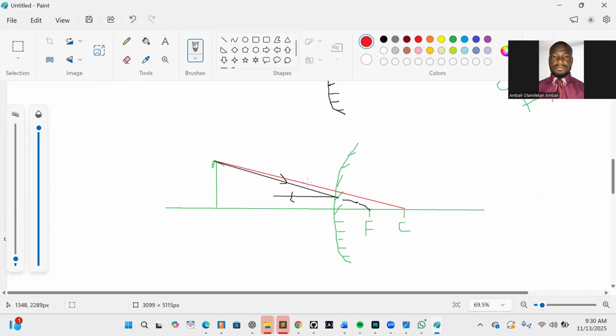It will be reflected along the same path. Hypothetically, we actually don't need to put this.